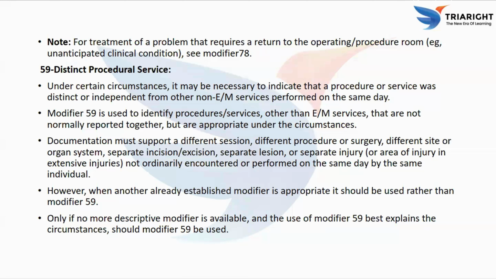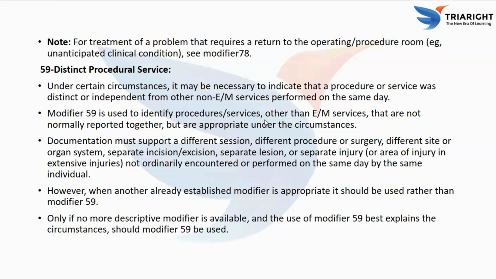When procedures are not usually reported together but were truly different: different procedure, different site or organ system, different incision, different excision, different lesion, and also different injury or area. Documentation must clearly support this difference. Think of modifier 59 as saying these are not duplicates, they are separate jobs.